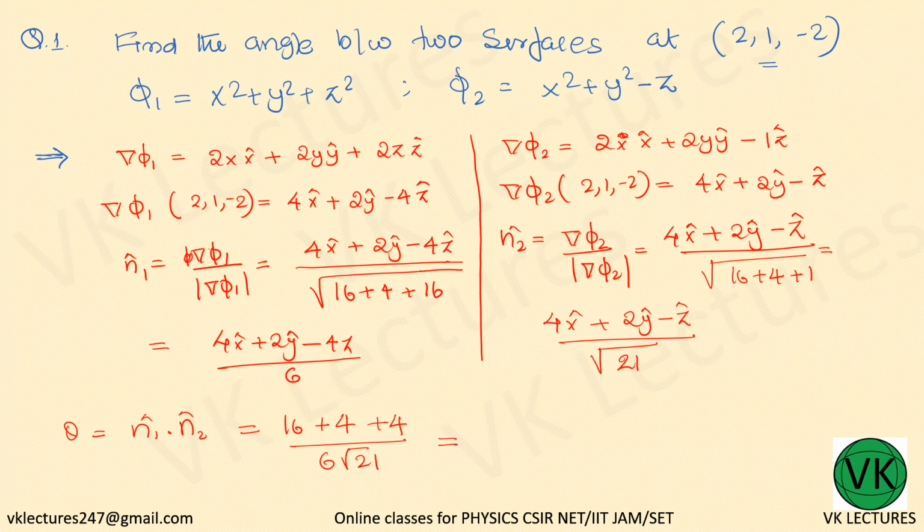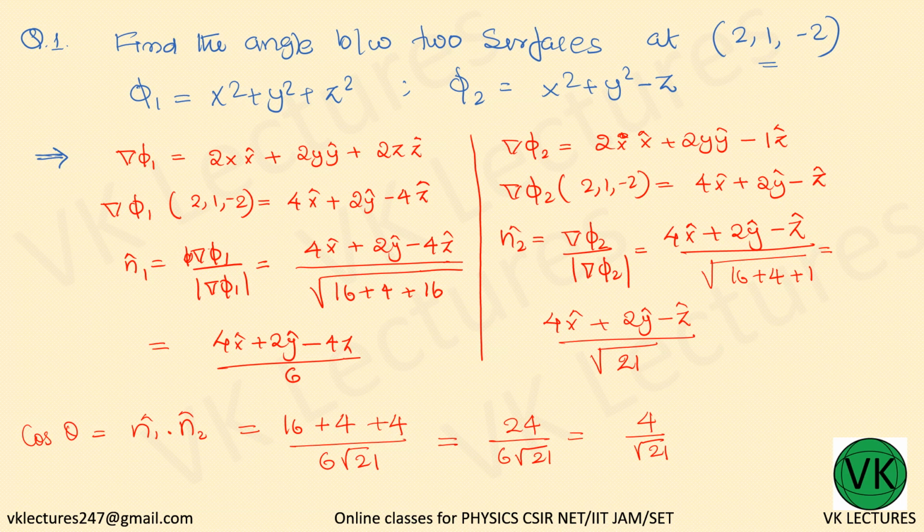So that is 24 divided by 6 root 21, that is equal to 4 by root 21, that is cos theta.